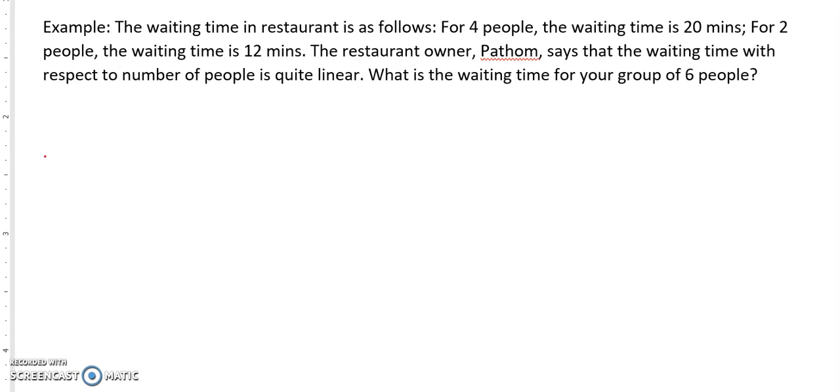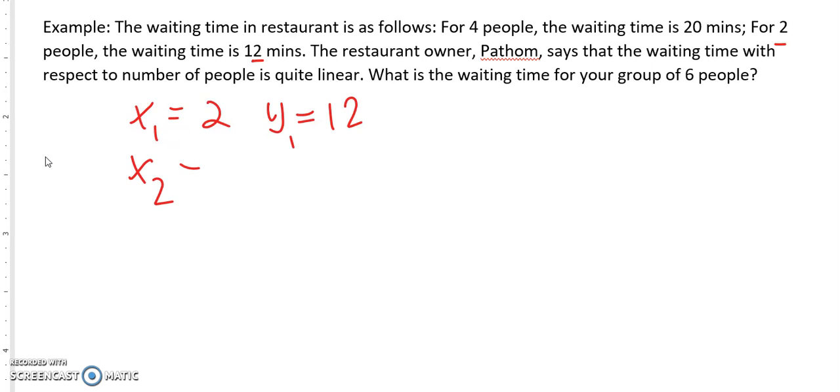Here we can find out very easily that x1 is equal to 2 and y1 is equal to 12. That means for 2 people, the waiting time is 12 minutes. That's why x1 is 2 and y1 is 12.